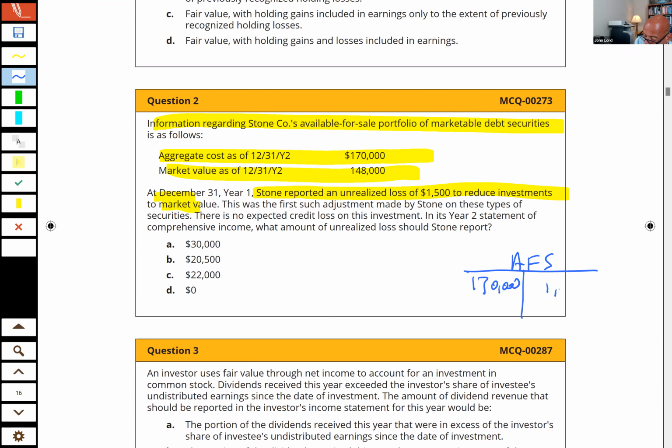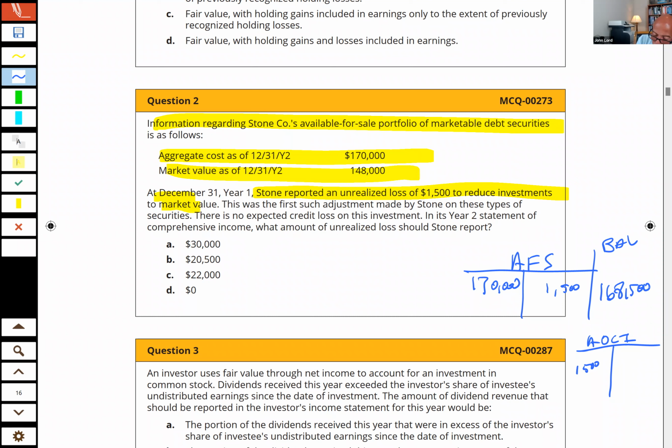We credited it for 1,500. We would have debited OCI, and then closed that to accumulated other comprehensive income for 1,500. And so the balance in this AFS at the end of year 1 is 168,500.